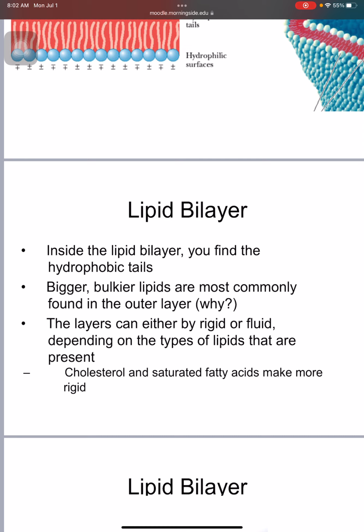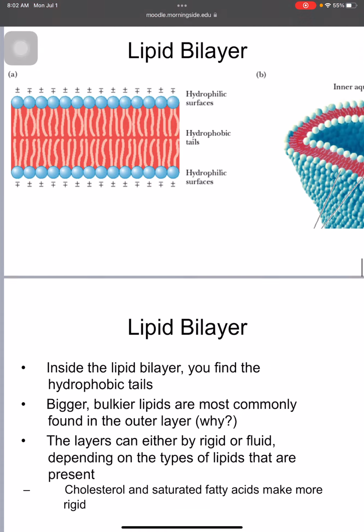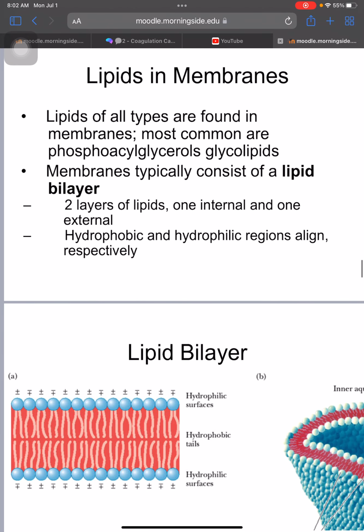However, you can see some common patterns. Number one, composition. There are many different types of lipids within the lipid bilayer. There's a couple of them that are probably seen more often than not: phosphoacylglycerols and glycolipids.